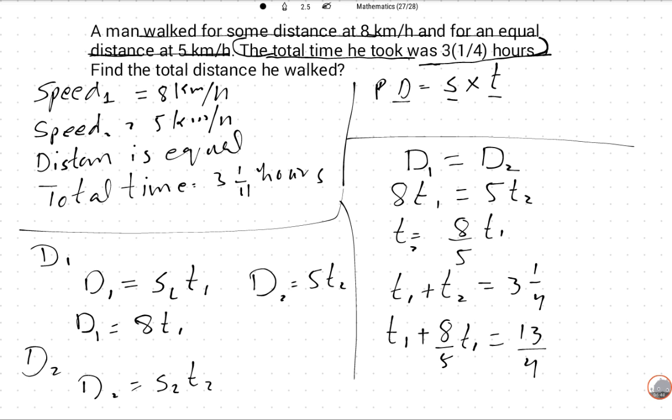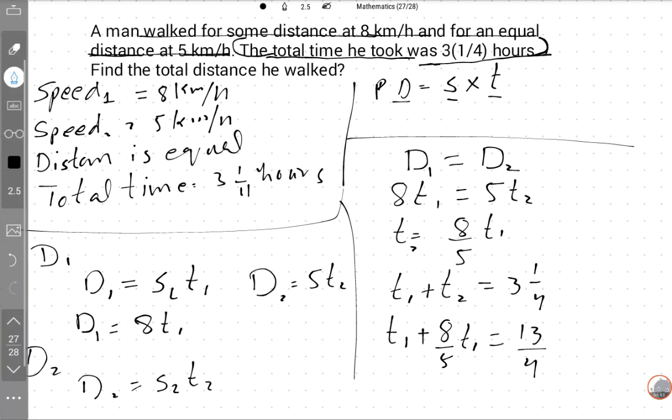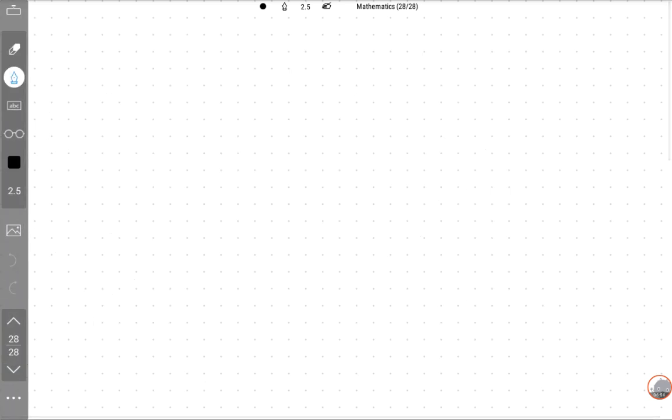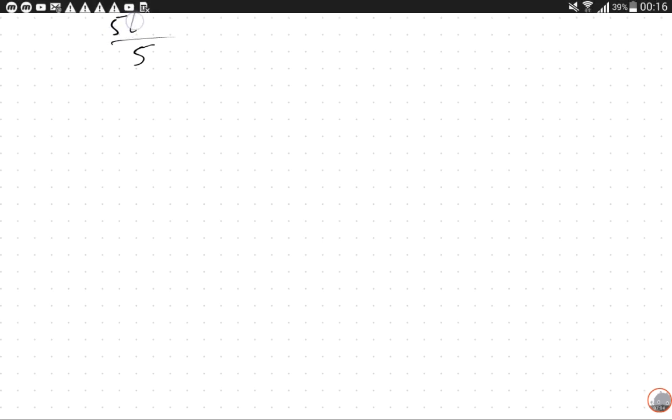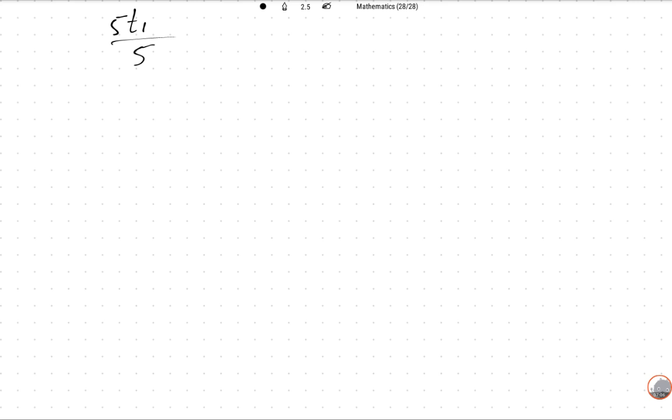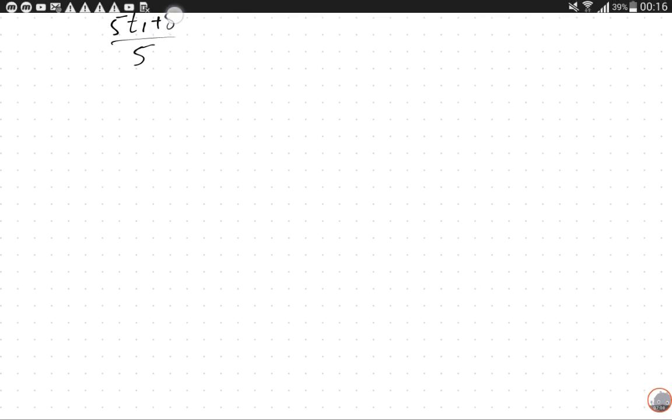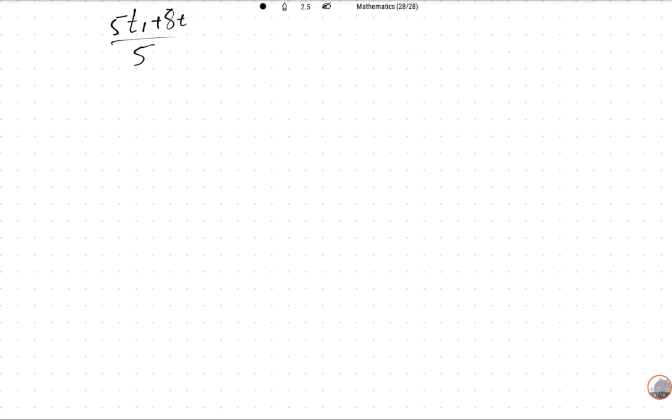Okay, now we will take LCM. 5 is the LCM, and in the numerator 5 t1 plus 8 t1 is equal to 13 upon 4.